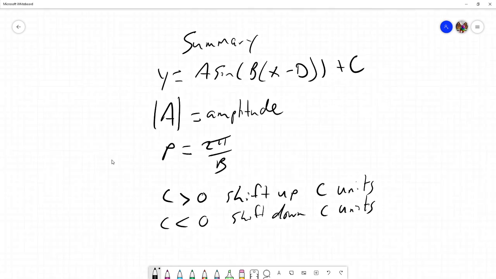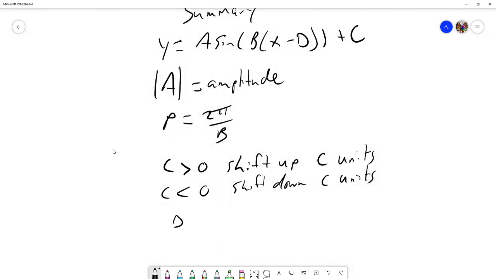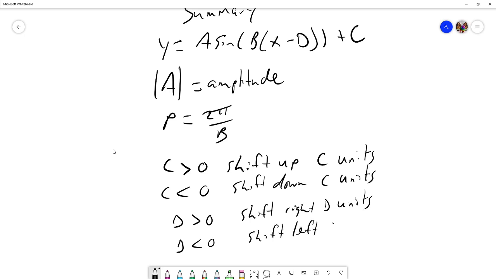When d is positive, just remember our caveat before, we shift right d units. And when d is negative, we shift left d units.